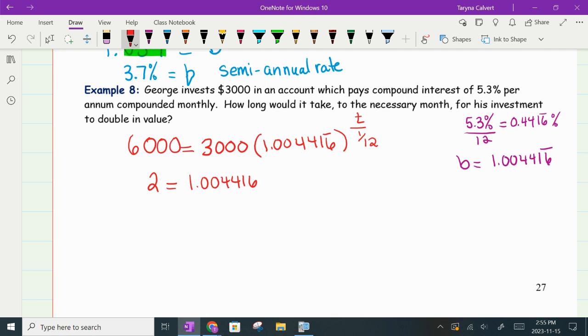Most students, I keep writing it like that so you guys can see that compounded monthly is 1 over 12, but when you get good at that, I wouldn't even write that. Dividing by 1 over 12 means reciprocate, times by 12. It's just much nicer when it's written as 12T instead of T divided by 1/12.